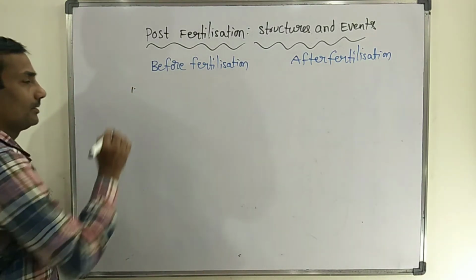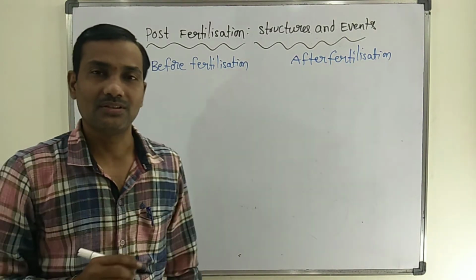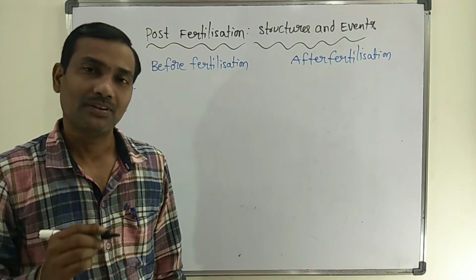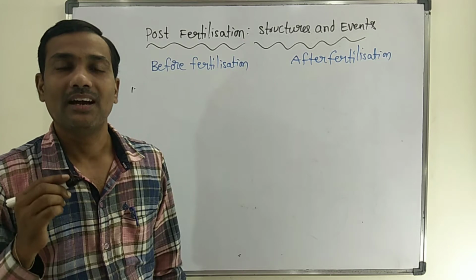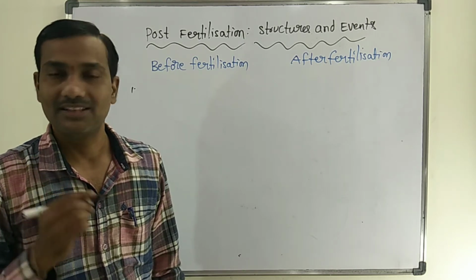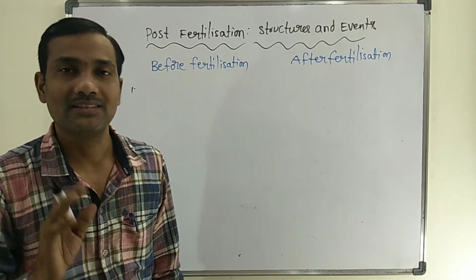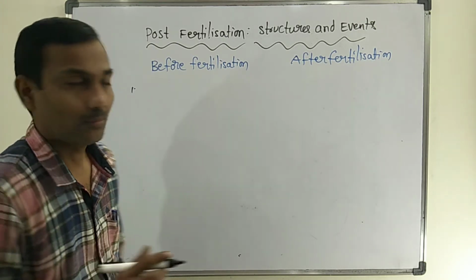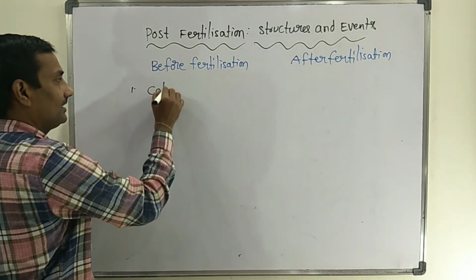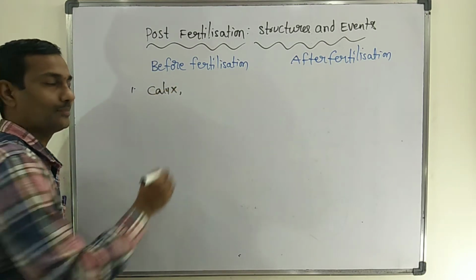So first, calyx, corolla, androecium and style, stigma, all these parts wither, which means they will dry and fall from the plant. Calyx is the sepals.